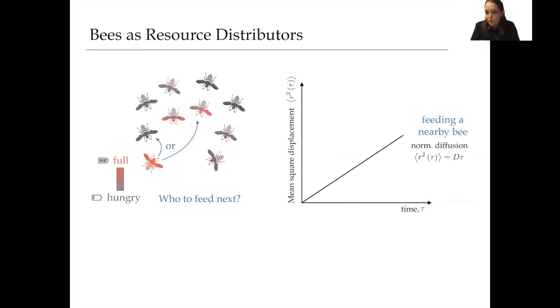By moving further away or faster, it can effectively manipulate the value of this diffusion coefficient to be higher, or even a superdiffusive process, where the bee can disseminate different nucleation events where these newly fed bees can now start the whole process again.